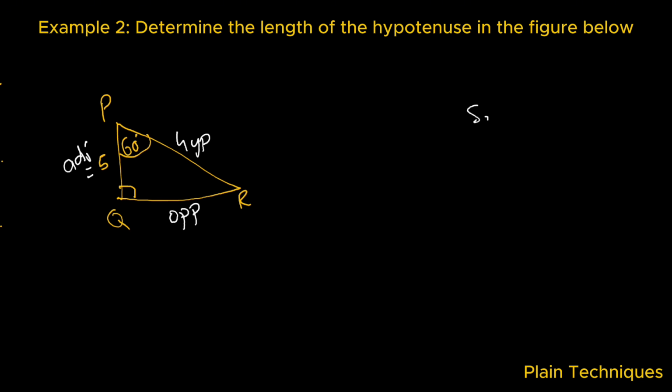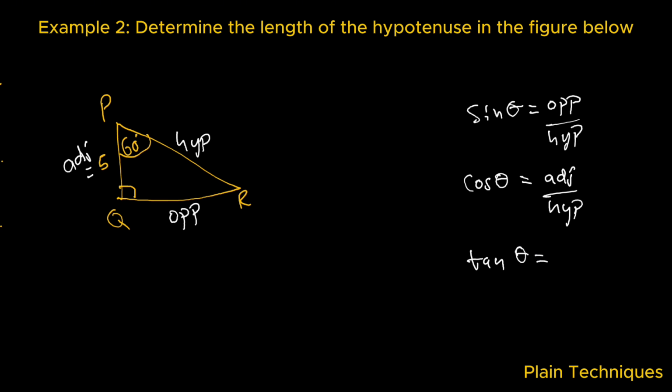We have sine theta, opposite over hypotenuse, cos theta, adjacent over hypotenuse, and tan theta, opposite over adjacent. All right, that is what we have.